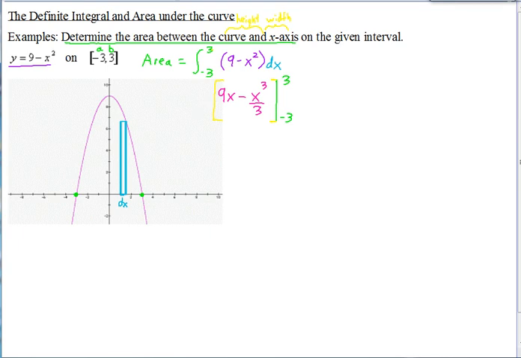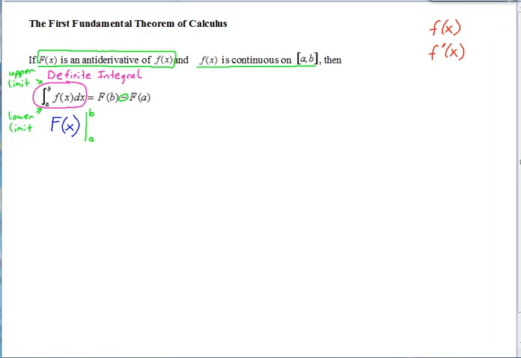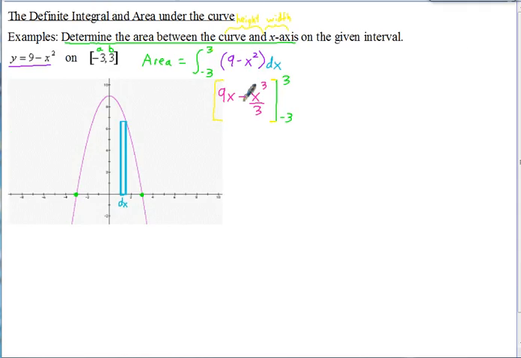Okay, so now remember what the first fundamental theorem of calculus says. We first substitute in the upper limit. Always start with the upper limit first. So we're going to substitute that in and then subtract what we get when we substitute in the lower limit. So let's substitute in the upper limit, positive 3.